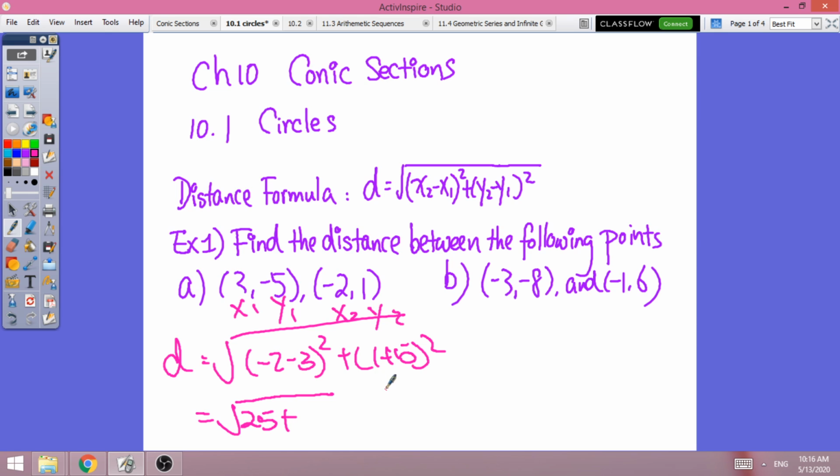Plus 1 plus 5, quantity squared, which is 36. Combine them and we have 61. So the square root of 61. This is a non-perfect square number, so we just leave it like this.